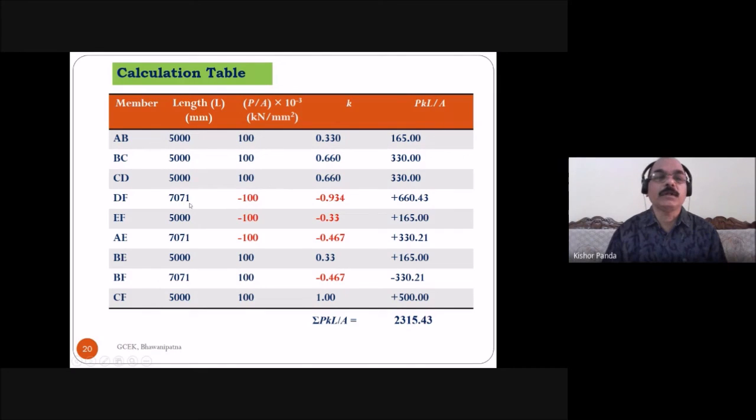But you got here DF, EF and AE members. So this is the P, the force due to the external applied force, and the stress due to the external applied force is given here.